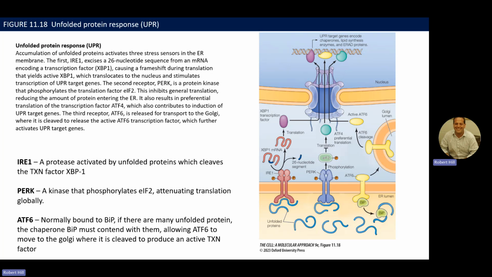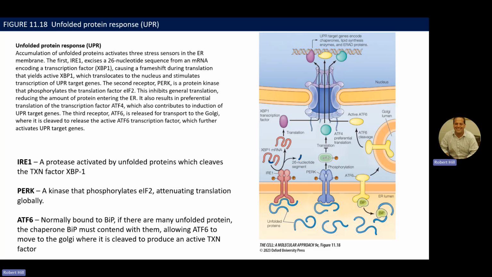The first one is this IRE1 signal. So this is a membrane-bound ER protein, and it's a protease. So when unfolded proteins accumulate in the ER, they interact with IRE1. IRE1 then, as a protease, will cleave this transcription factor called XBP1. Right? It stands for X-box protein 1.